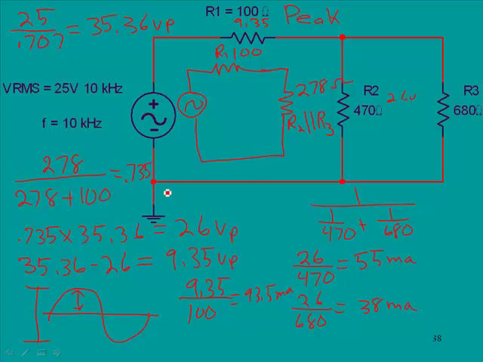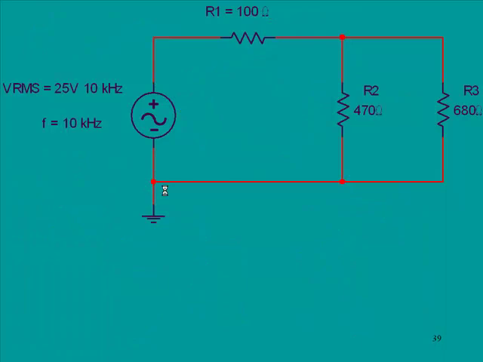Okay, the next one we're going to look at, we're going to do the same circuit, only we're going to do it in RMS. With RMS, we start out with the 25 volts. We do not need to convert. We can just go directly with that value. Let's consider our equivalent circuit. We had R1, and then we had the parallel of R2 and R3 here.